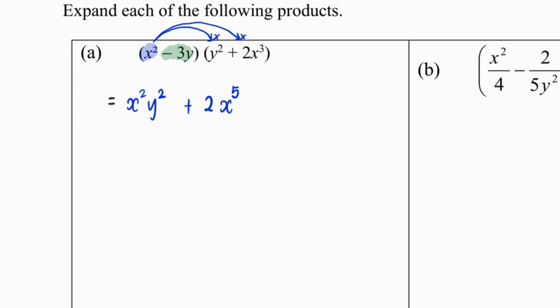Negative 3y multiplied by y squared, negative 3y cubed. Negative 3y multiplied by 2x cubed, negative 6 x cubed y. And since there are no more like terms, this will be the final answer.